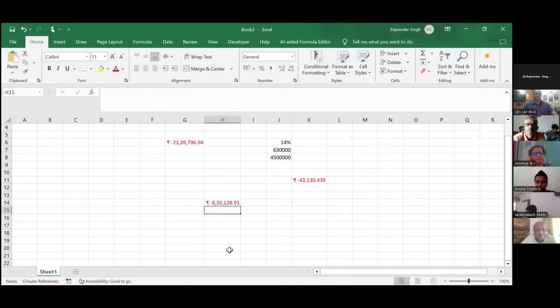So while using the formula, you have to be very careful. If you make a certain wrong entry, it will give you the wrong answer. Totally wrong answer.